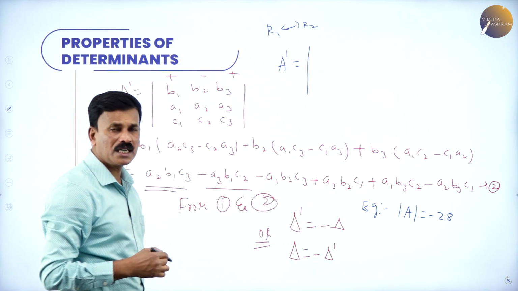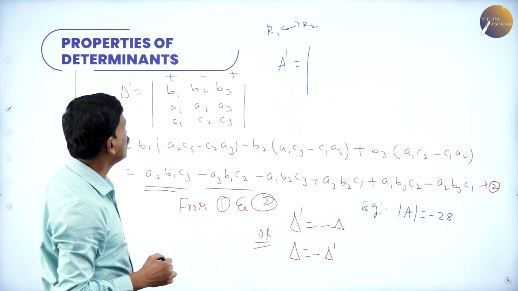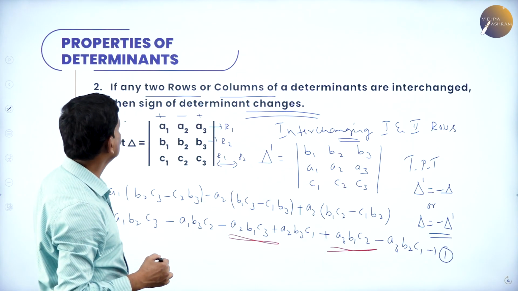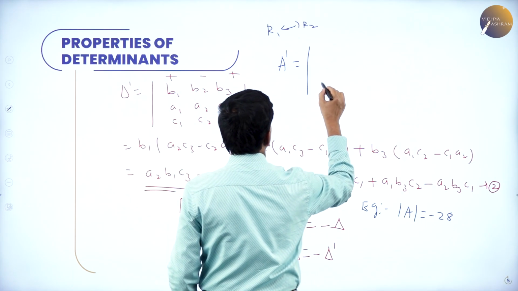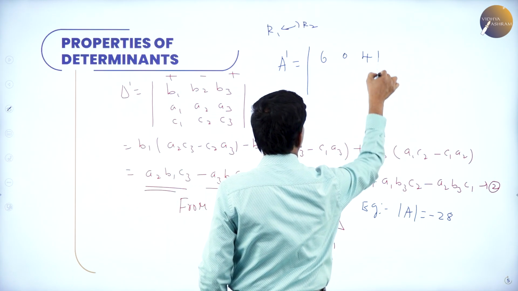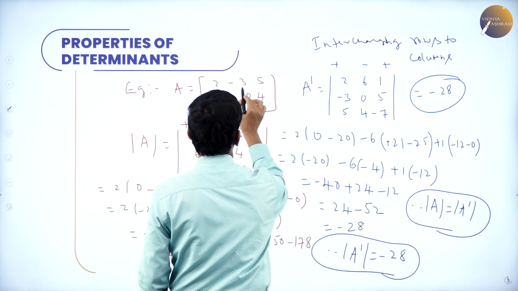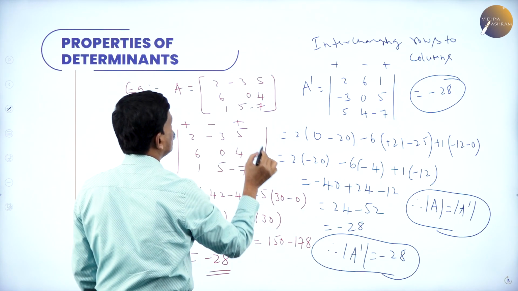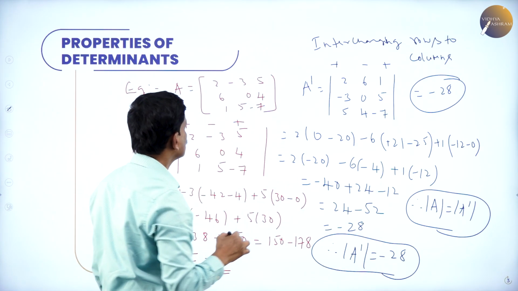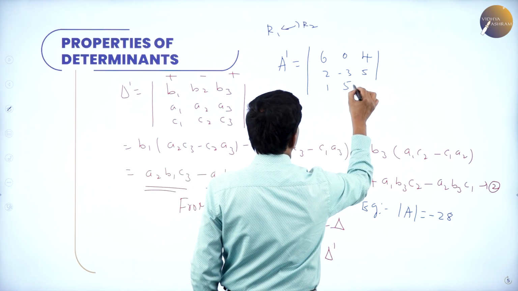Let us represent delta dash or delta 1 as interchanging R1 and R2. Now I will change this. So 6 0 4 and 2 minus 3 5, and the third row will remain the same, 1 5 minus 7.